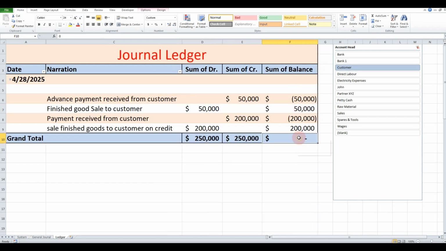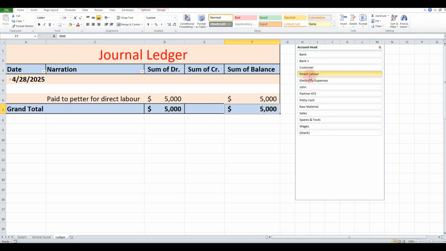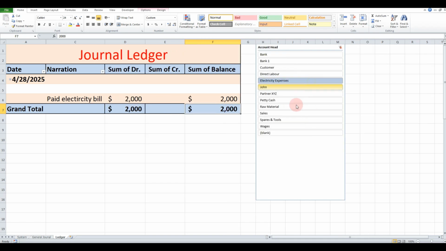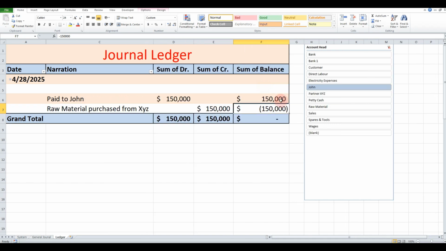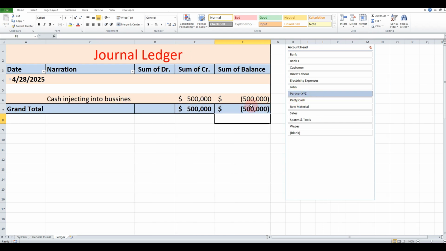Customer shows nil balance, direct labor, electricity expenses. John is a supplier account, which means a liability account. Partner is an equity account.